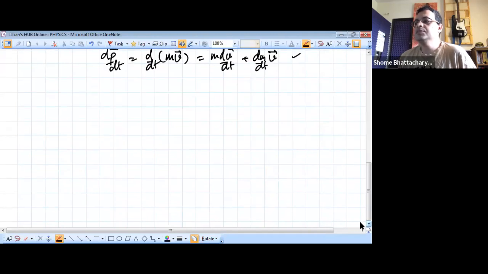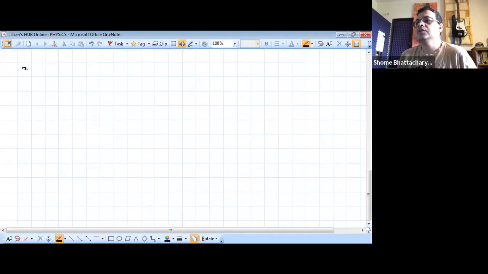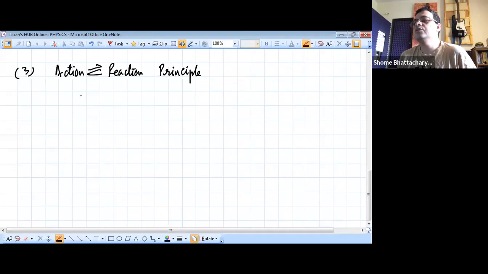Okay, and the third principle of Newton's law is the action-reaction principle. We'll discuss a little more in detail about this today. So the statement of this principle is that every action has an equal and opposite reaction.